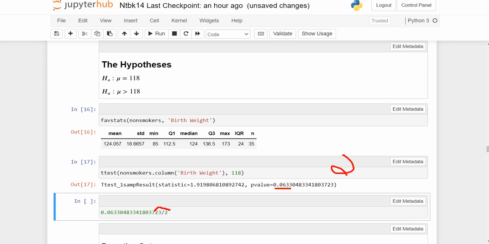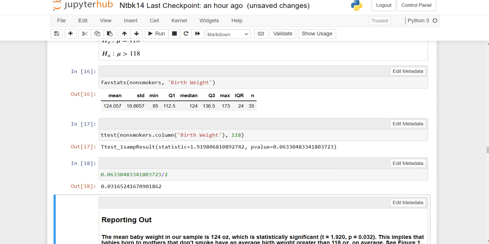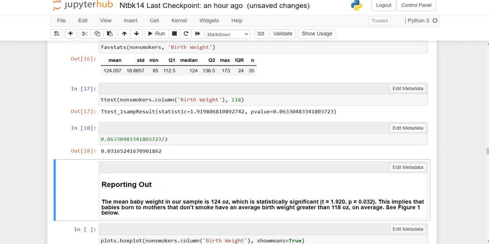And so what do we do? We divide by 2. Just like before, in the second example, we're going to divide, and this p-value is less than 0.05. So we have evidence for the alternative, right? We are going to reject the null, which means we have evidence for the alternative.